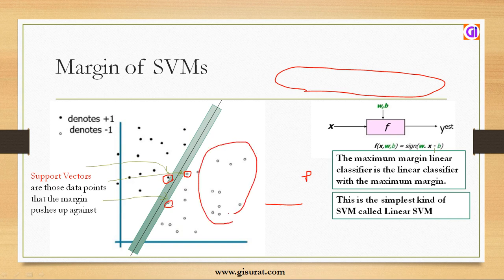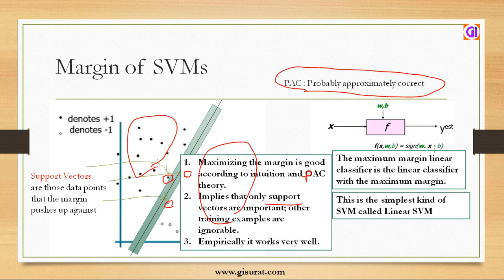Remaining points like this are not that important, because जो line draw करेंगे या जो margin find out करेंगे, वो actually support vectors के हिसाब से ही find out करेंगे. That means these are the important data, remaining are not. Okay, तो ऐसा कुछ बोला जा रहा है, implies that only support vectors are important. अगर आप maximum margin की बात करते हैं then only these points are important. Other training examples in the sense other points are ignorable. So now that's that.